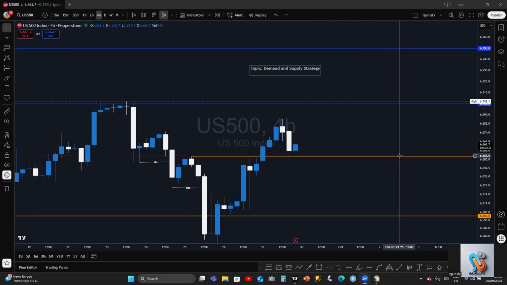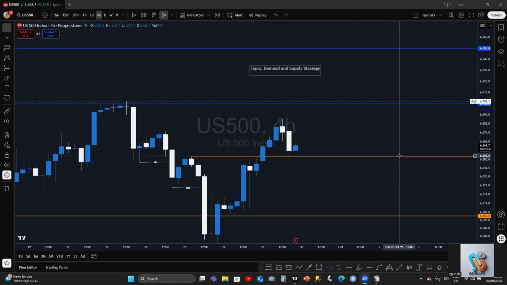One is SMC, Smart Money Concept. The other one is the support and resistance strategy. Then today, I'm going to be teaching you guys demand and supply as a strategy. So these three strategies, go and test them out. At the end of the day, if you are comfortable trading SMC, you do your back testing, you try it out, and if you are comfortable trading that, stick to SMC.